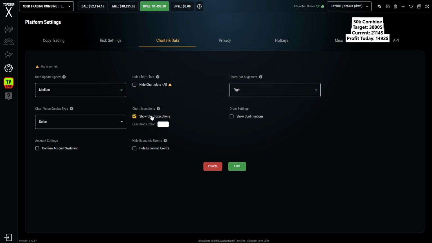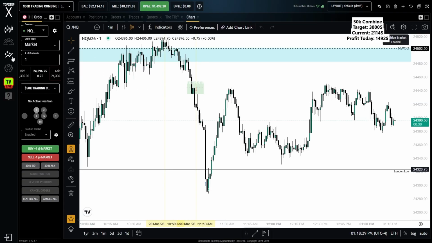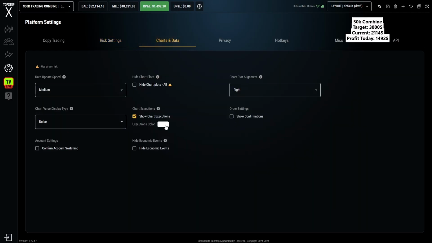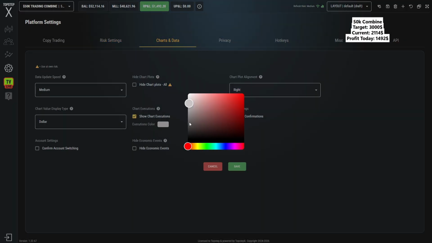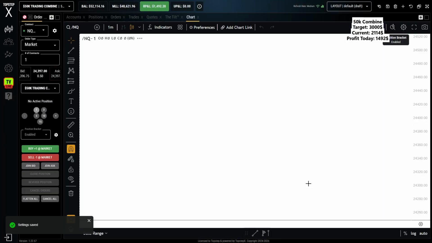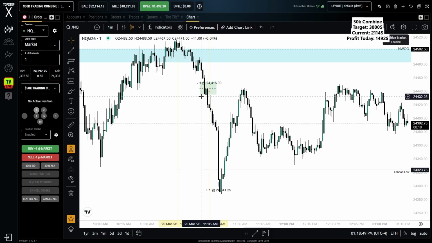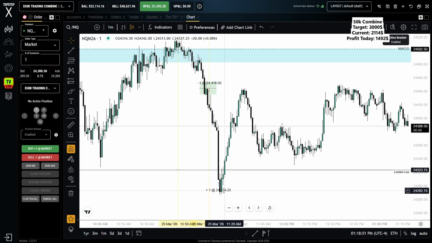Sorry, chart executions. More chart executions. Let me make it pitch black and see. As you can see here, this is the trade which I take part in. I entered here and I exited over here, back and tagged.